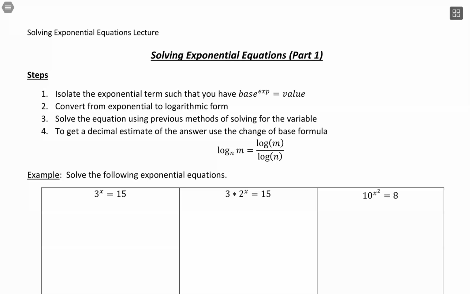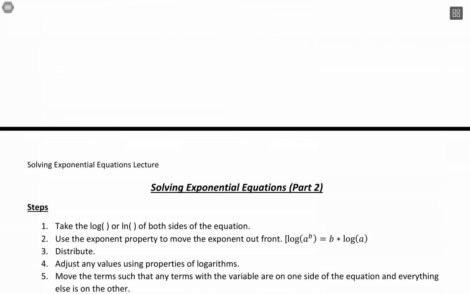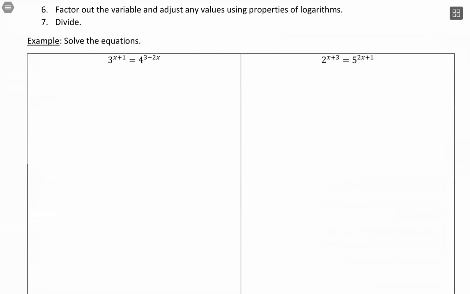The two forms that we're going to look at: in this video, in part one, we're going to look at cases where there's only one exponent with your variable stuck in there. In the next video, we'll have a different process for when you have your variable stuck in two separate exponents. Now, I will say the method we go through in the second video would work in this first video as well.